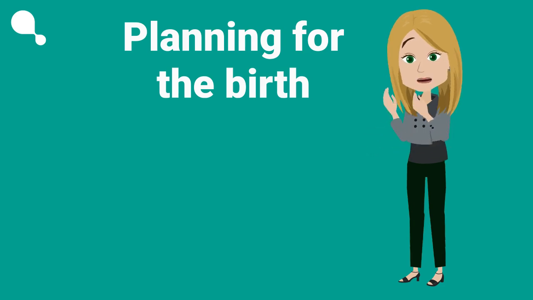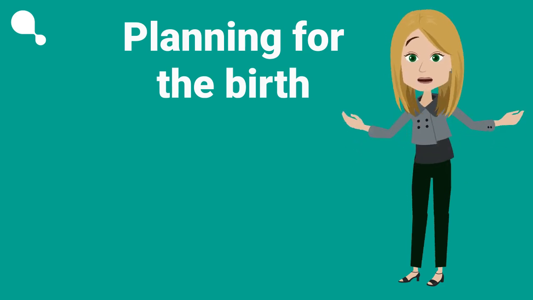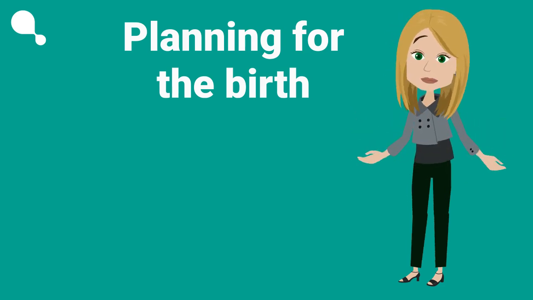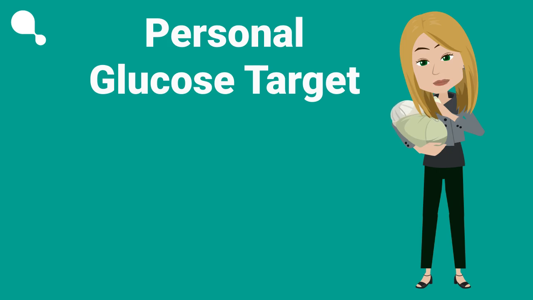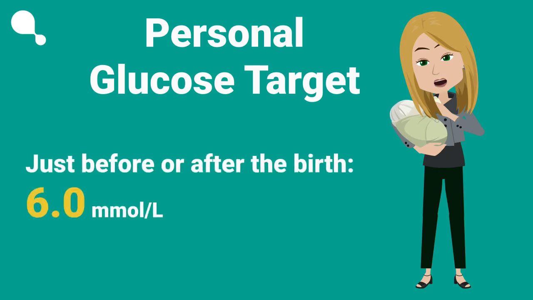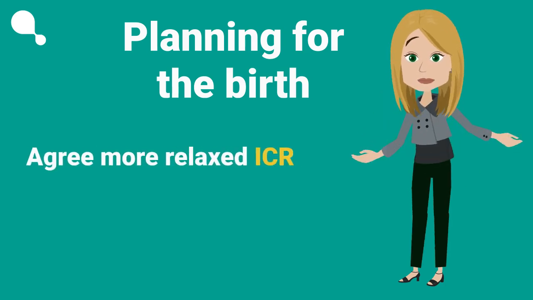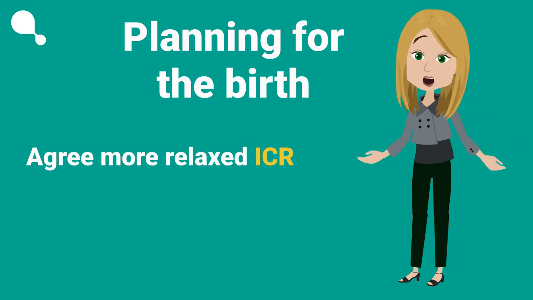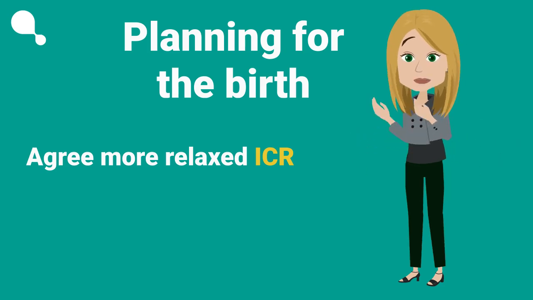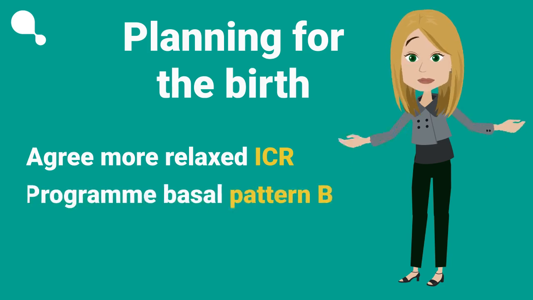Towards the end of pregnancy, it is good to plan the setting changes that need to be made at the birth. The personal glucose target needs to be increased to at least 6 millimoles per liter across the 24 hours of the day, just before or after the birth. Agree more relaxed insulin to carbohydrate ratios with your diabetes team, which can be programmed into the app's bolus calculator settings after the birth.